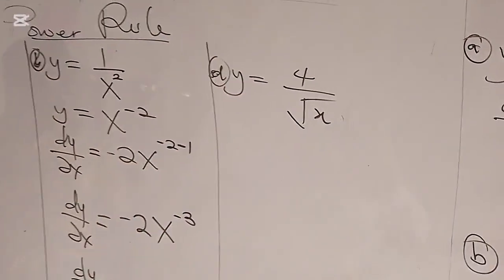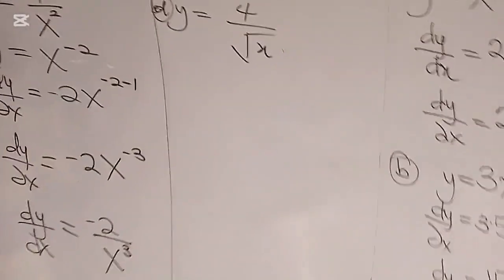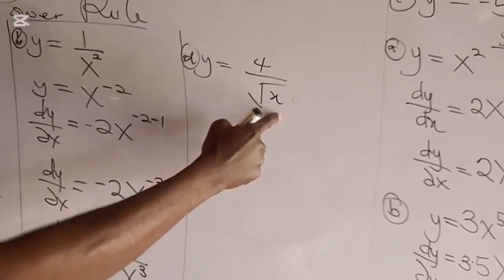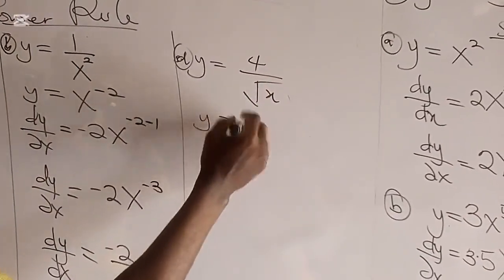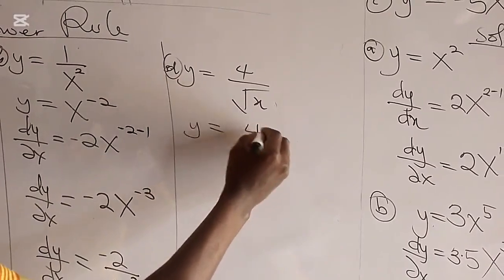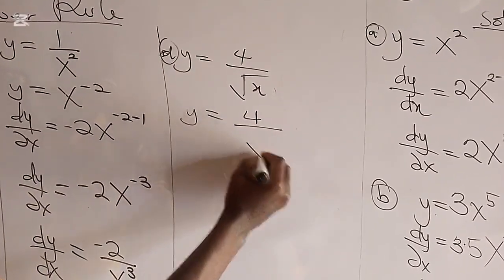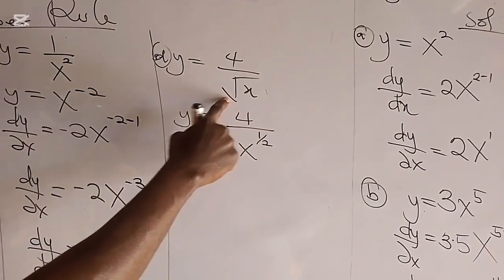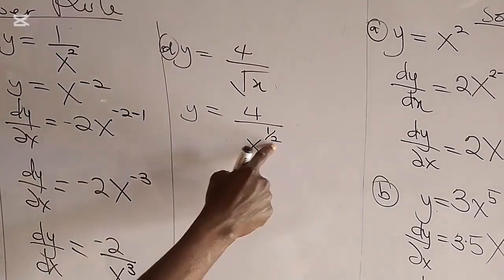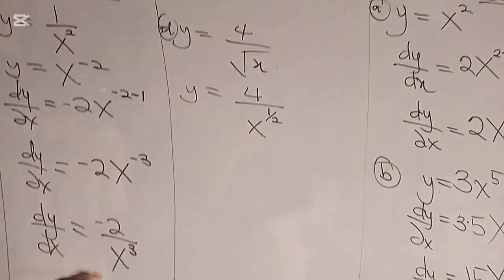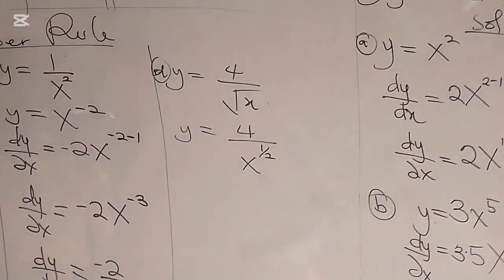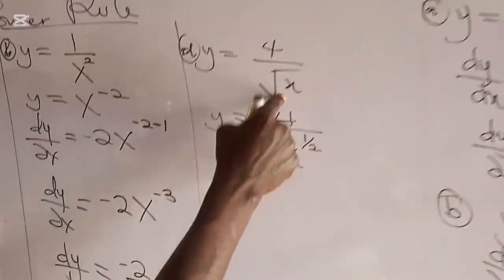Okay, so let's tackle the d before we tackle the c. So this can equally be written as 4 all over x exponent half. This is a square root, which is exponent half. It's not anything. So don't see square roots and start running away from it. It's just the same as this.